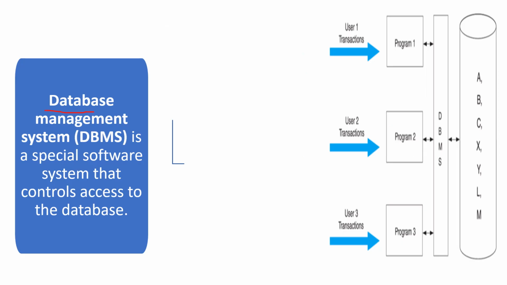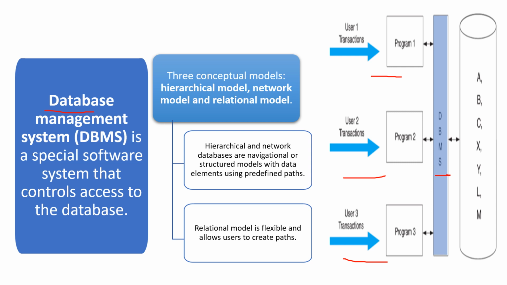The Database Management System, DBMS, is a special software system that controls access to the database, meaning that this system software controls the access of the users to the database. How does it do that? Through three conceptual models: the hierarchical model, the network model, and the relational model. The hierarchical and network databases are navigational or structured models, with data elements using a predefined path.